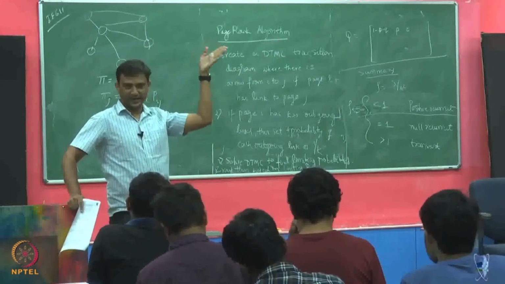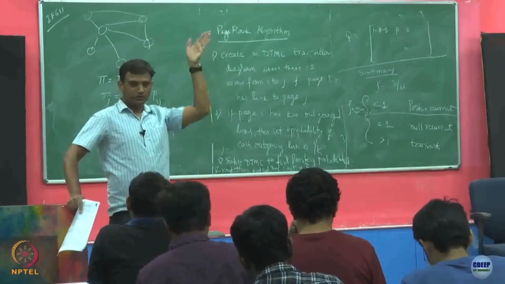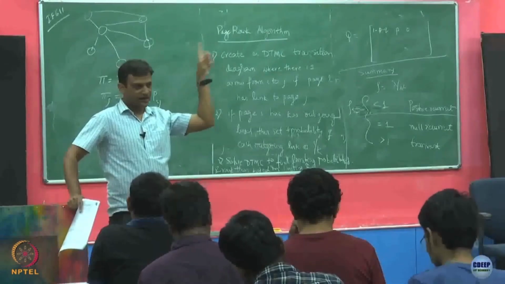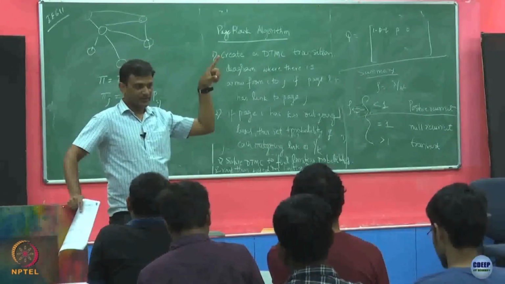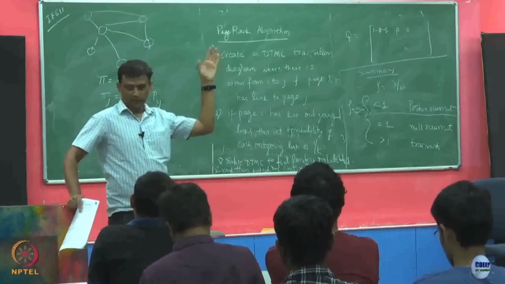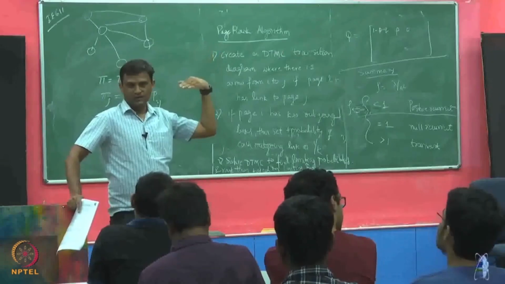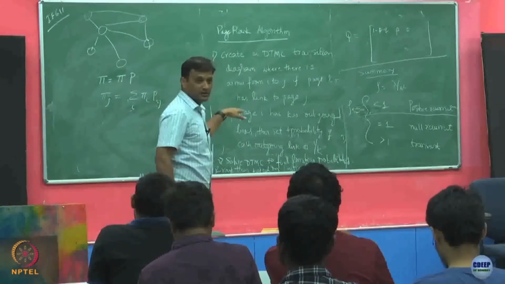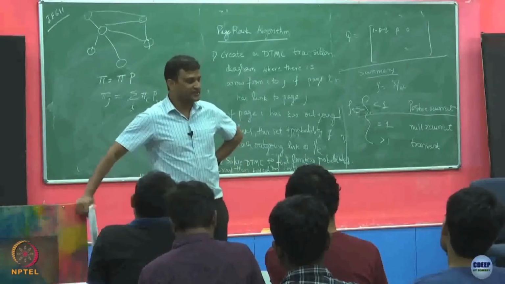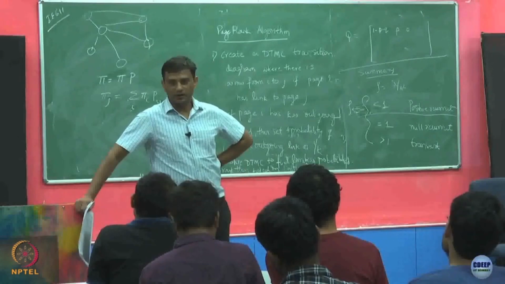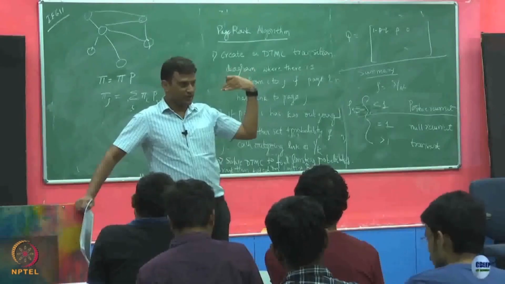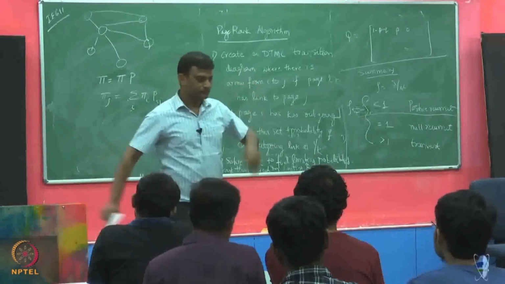Suppose it is referring to k pages, it has k outgoing links, and you give a weight of 1 by k on each of these links. You are not giving any importance on each, you are just treating all the outgoing links equally. Once you have this, you have a P matrix, and then solve for pi equals pi P, and on that basis you rank your pages based on the values of pi you get.